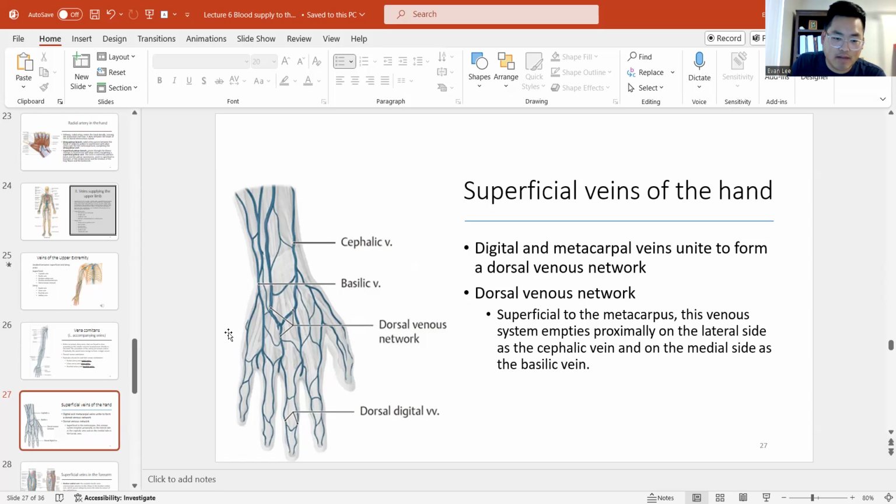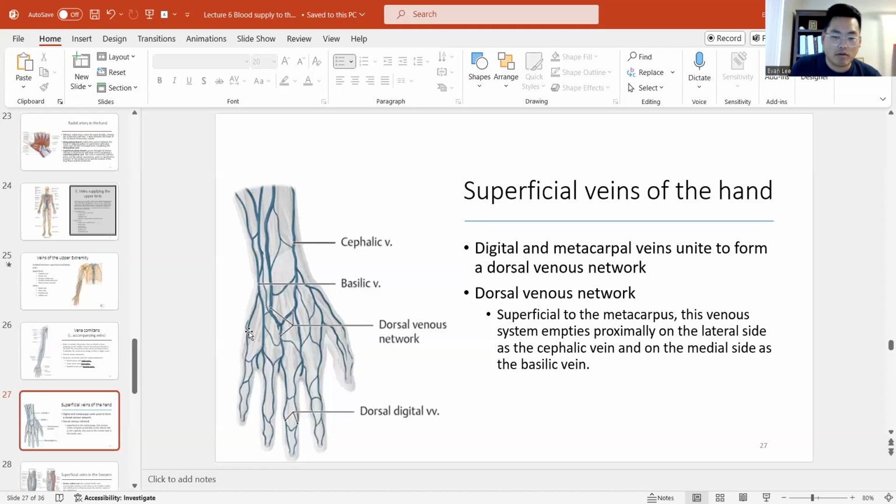If you look closely, you have a lot of veins interconnecting, coming from the fingers or the digits, or coming from the metacarpals of the hand. All of these veins interconnect in a little bit of an irregular way to some extent, but in general, they all ultimately come to this larger area where you have this connection between these two superficial veins, the basilic and the cephalic vein.